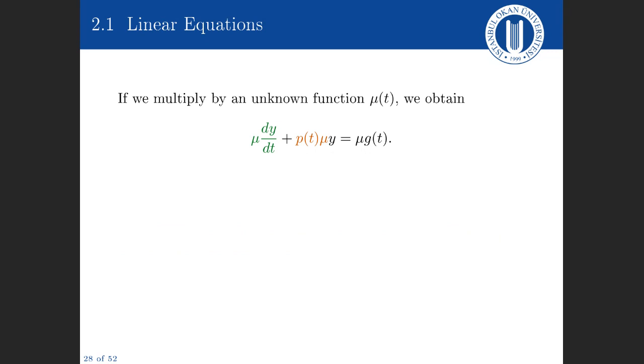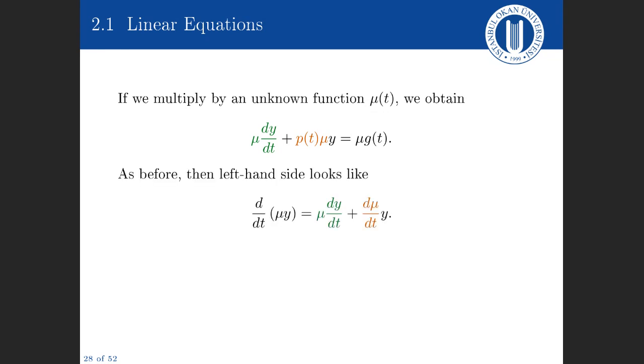Let's start as we did before. We'll take the equation and we'll multiply it by some unknown function mu. We're looking at mu dy/dt plus p(t) mu y is equal to mu g. As before, the left-hand side looks like the derivative of mu multiplied by y.